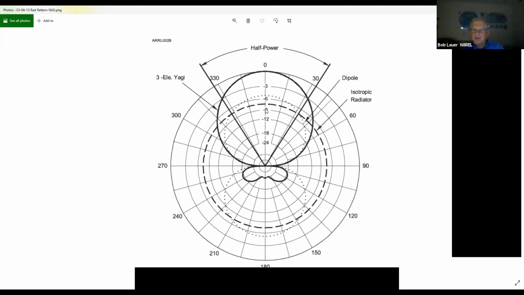Now, the one other reason I wanted to switch to this is, and Victor, this is for you specifically, because you were talking about what kind of loss you get, and in this case, you see from an omnidirectional vertical antenna to a directional beam antenna, you're losing about 7 or 8 decibels. Now look at this question 10.